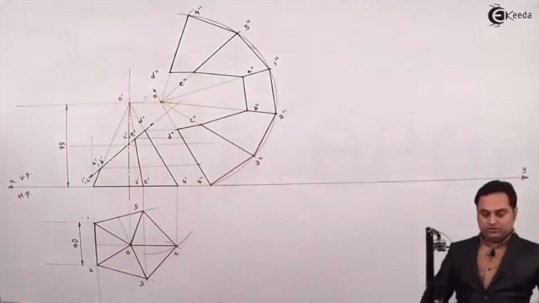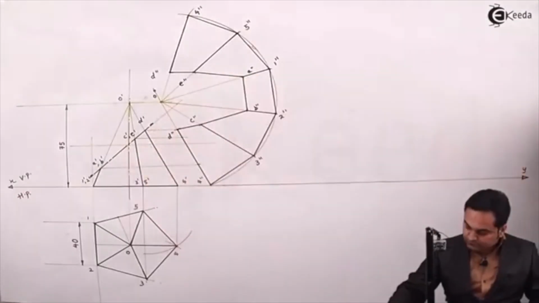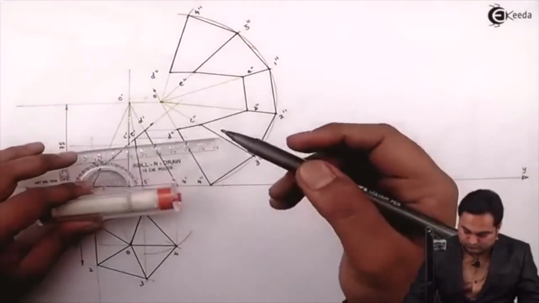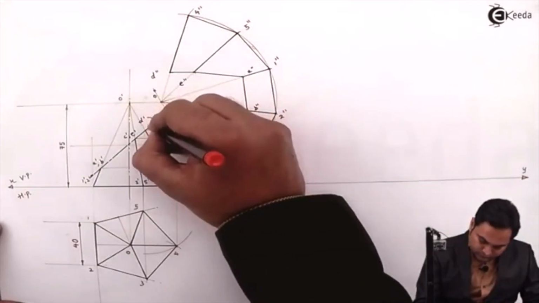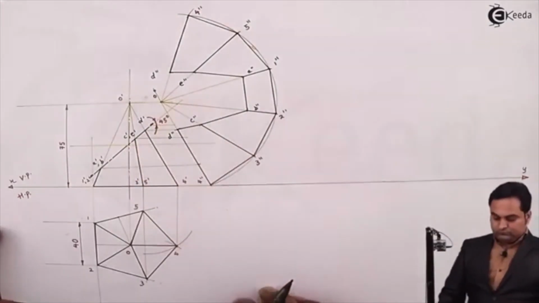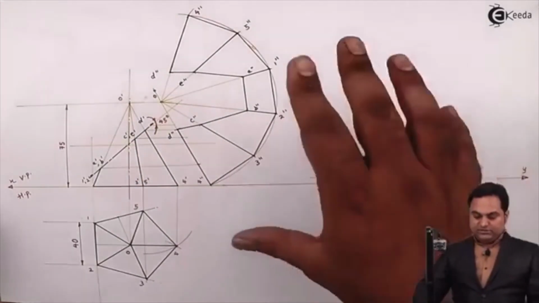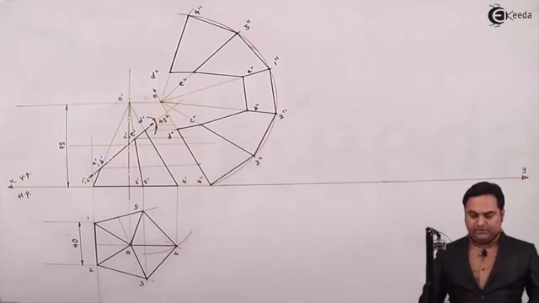Here the inclination of this cutting plane is at 45 degrees. So this is the development of the lateral surface for this cut pentagonal pyramid, and with this we complete the problem.